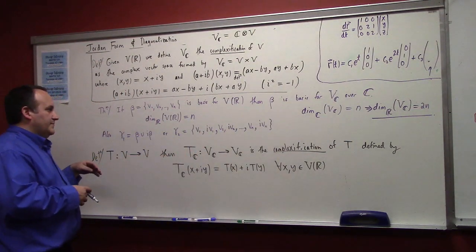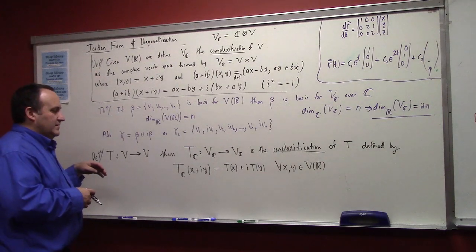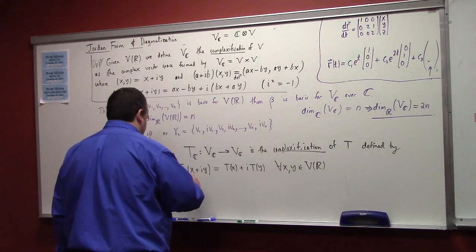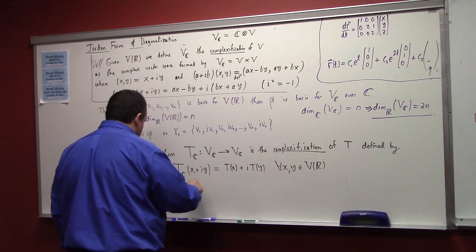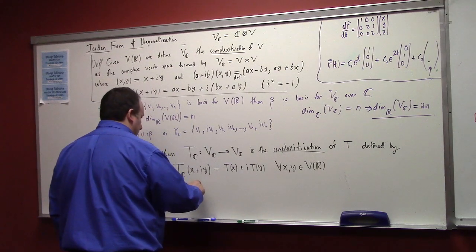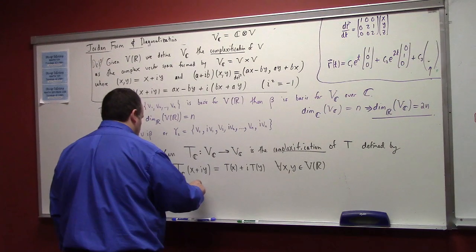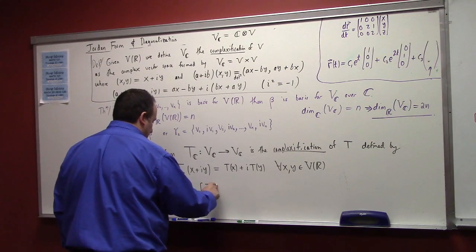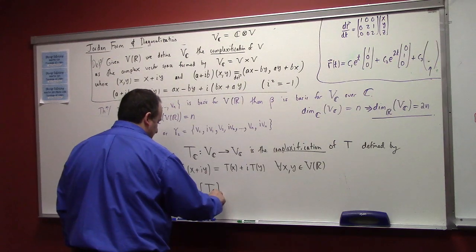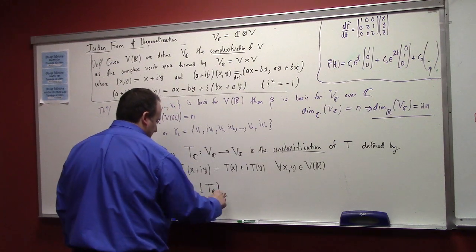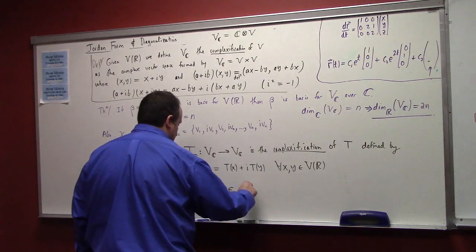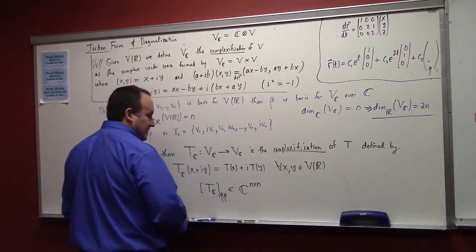But you notice then that we can talk about the matrix of the complexification with respect to the beta basis. This is a complex n by n matrix.